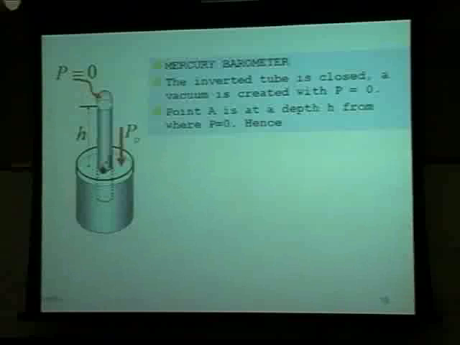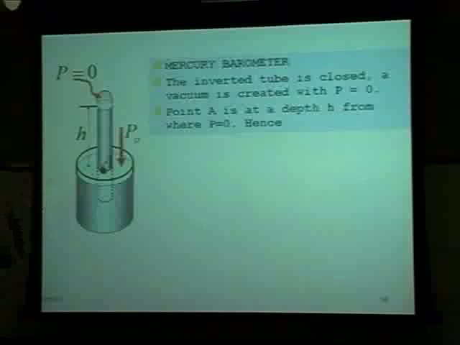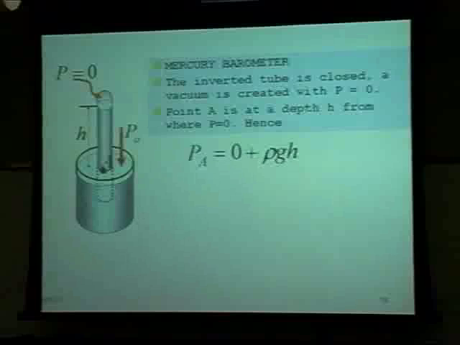So, if we look at this column of fluid, pressure at the top being zero, pressure at point A being atmospheric pressure, and the column being some height h in length, then applying our pressure formula, pressure at point A is equal to the pressure at the top plus rho gh. But the pressure at the top is zero, so the pressure at point A is equal to rho gh.